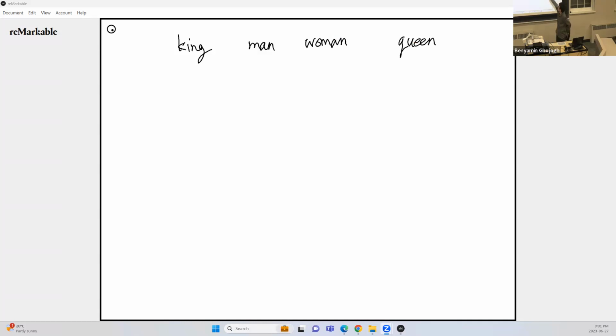There are vectors for each of these with the same dimensionality. They said, let's take the vector of king minus the vector of man plus the vector of woman. Interestingly, they saw that it is almost equal to the vector for queen.